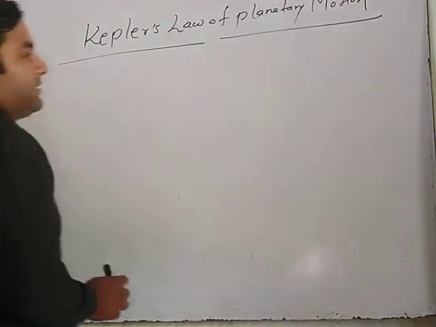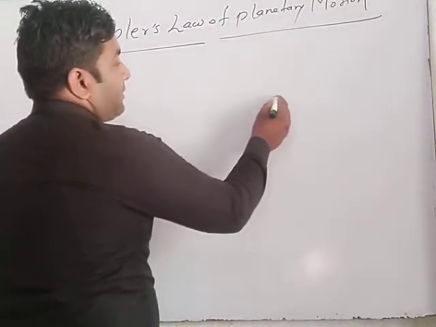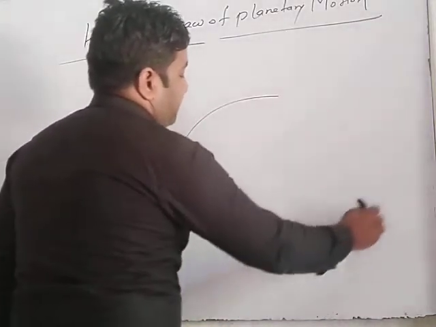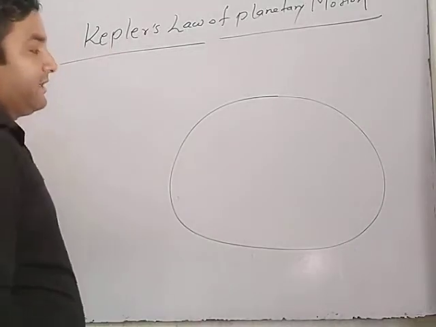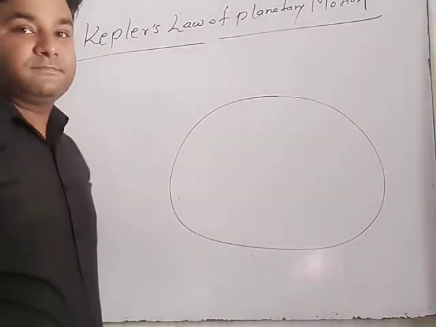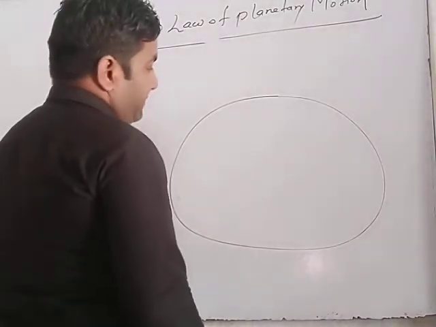In Kepler's third law, the important concept is based on the diagram. Whenever the diagram concept is clear, then everything will be clear.